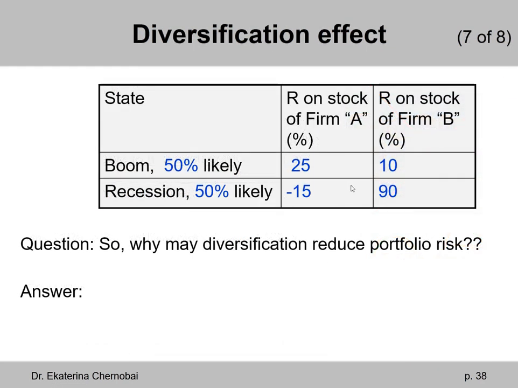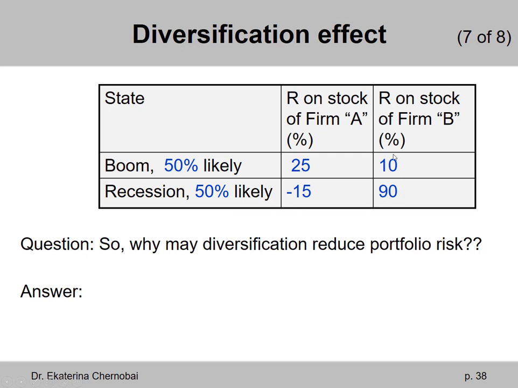Because again, just like in the previous problem we had, what's going on in this problem is the offsetting of losses by gains elsewhere within the portfolio. You never lose money because when you would be losing money on stock A in the recession state, you're gaining a lot of money from stock B in the same recession state.